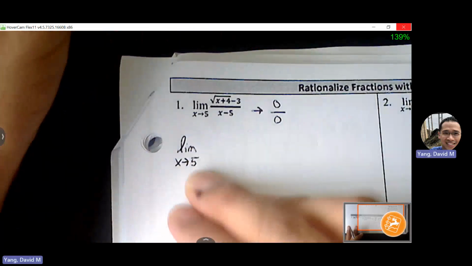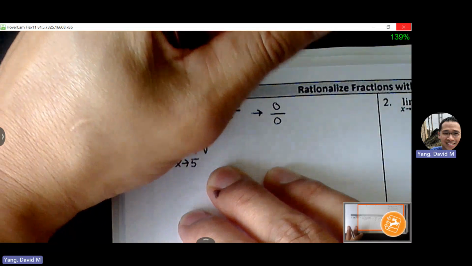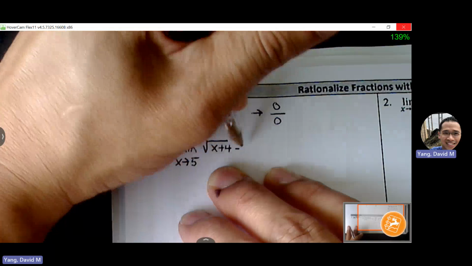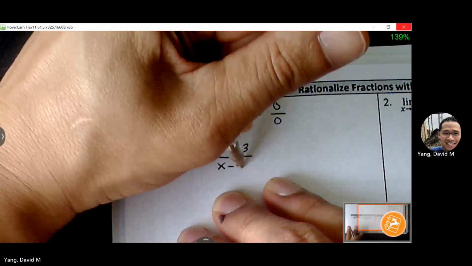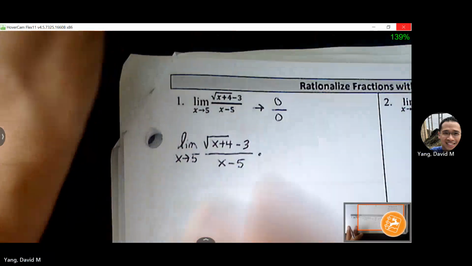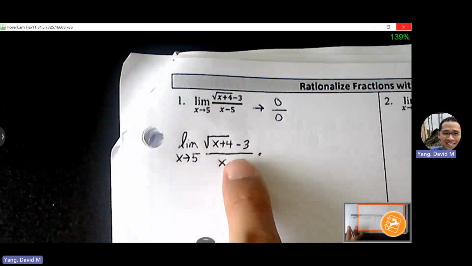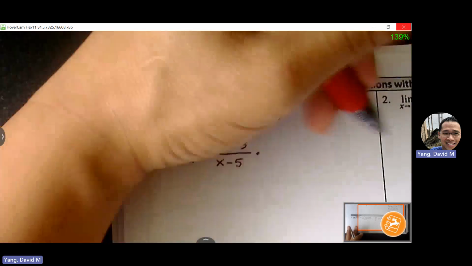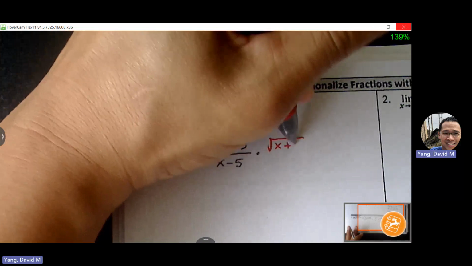Okay, so here's the strategy here. We're going to multiply the numerator and denominator by the conjugate of the numerator. We're trying to find a way to get that radical to look something a little different that's easier to work with. So the conjugate is the same as my numerator expression. I'm just going to slightly change that sign to a different sign, and that will allow for the foiling process to work out cleanly.